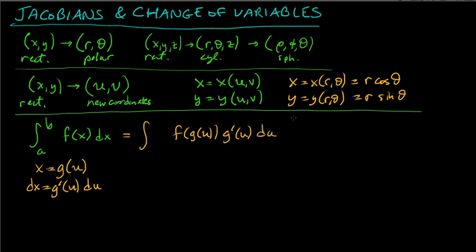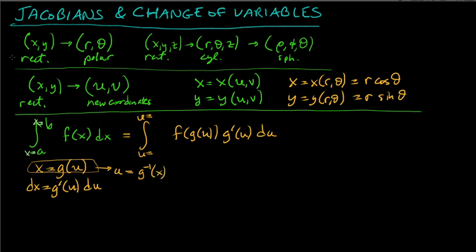But now what are the limits? The limits are no longer a and b, because a and b are values of x. So this is x equals a, x equals b, but now we need the corresponding values for u. And you have to go backwards. You have to solve for u. So u will be, in terms of x, g inverse of x.